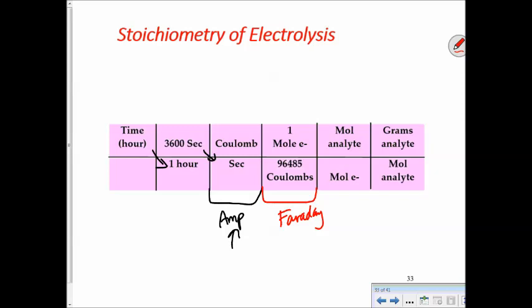And then here, we're going to be able to go from our balanced reaction, moles of electrons to our moles of the substance. And last but not least, once you have the moles of the substance, you can always use molar mass to change it to grams at the end.